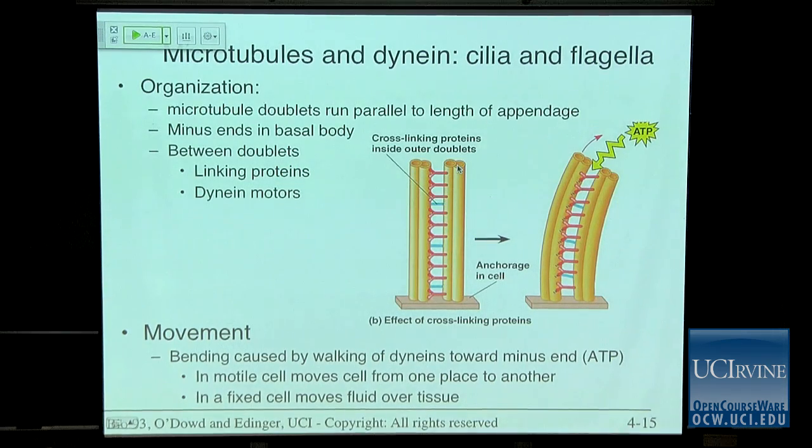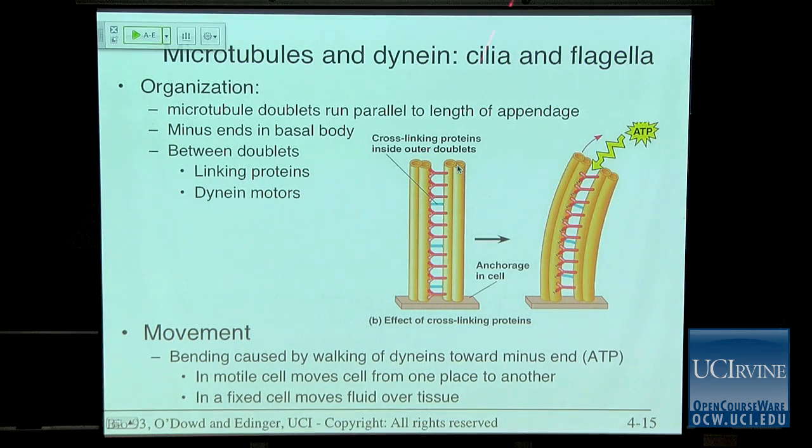Okay, microtubules and dynein are also important in movement mediated by cilia and flagella. And the organization of these structures is really important. So the microtubule doublets run parallel to the length of the appendage.